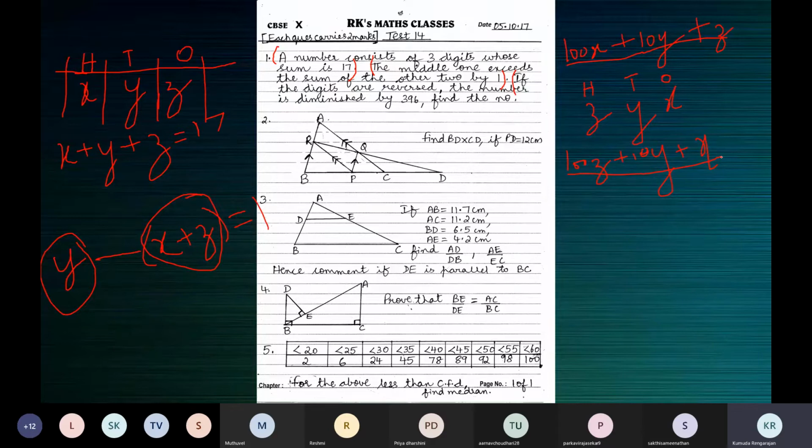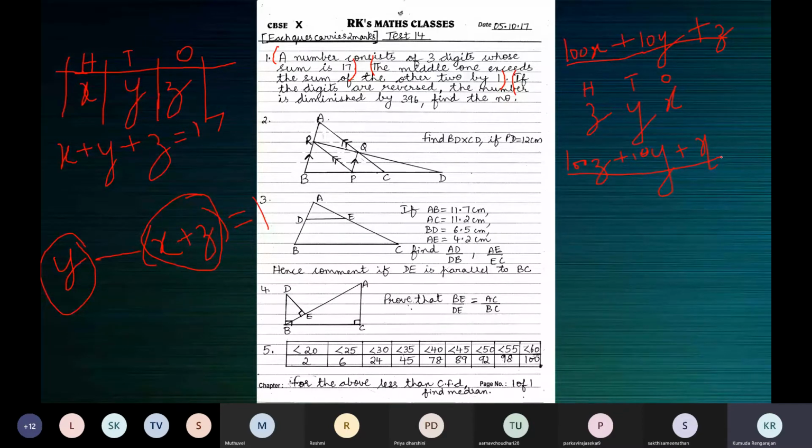Diminished means reduced. When you reverse the digits, you're getting a new number, 100z plus 10y plus x. Now the original number is diminished by 396.